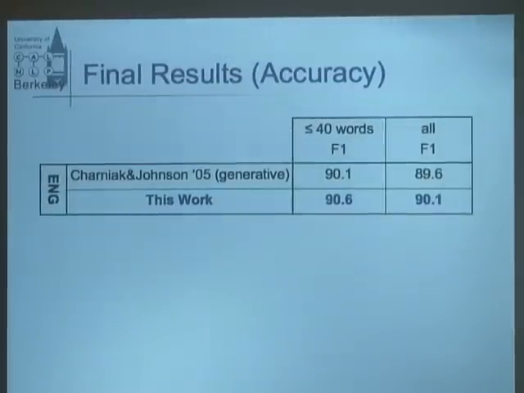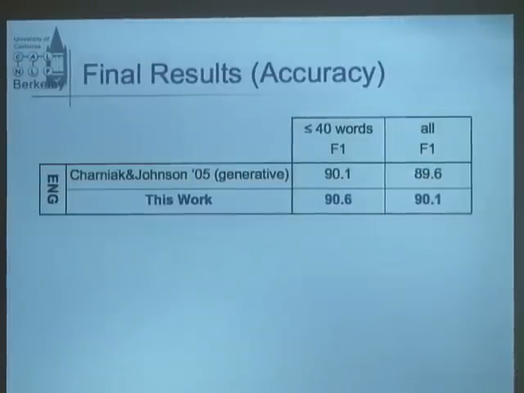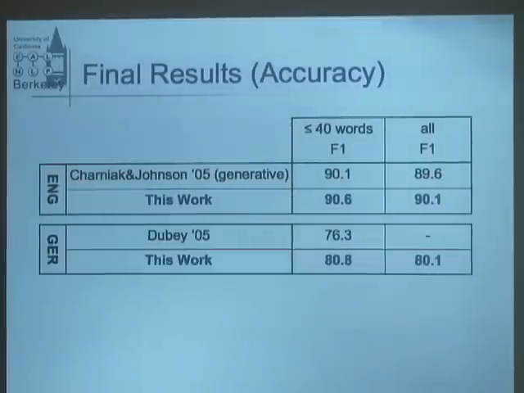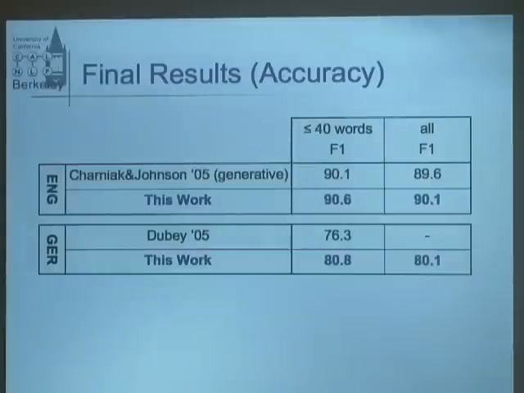But one of the beauties of this approach is that there's nothing that's English specific in here. There were very few parameters in it, and in fact, we can just keep them fixed and run the model on any language that has a treebank. And the hardest part of this experiment was getting the treebanks and the licenses. But then once we had them, we ran it on German, and we outperformed the previous state-of-the-art model by a lot, mostly because there has been just much less work on German.